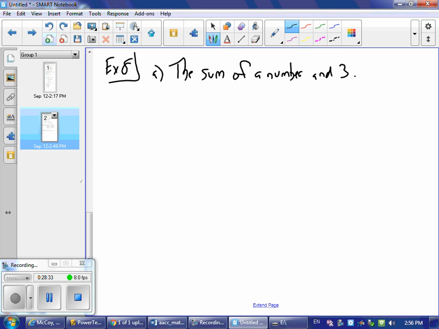Now you can technically use whatever letter you want to represent the number, but a number is something which is unknown. That's your variable. Most of the time they use x, and I think your book even says use x as that. But we have to know some vocabulary. The sum means to add. So it's telling me I'm going to add some number, which I don't know yet, and 3. So simply that would be a number plus 3. And that's how we would write that algebraic expression from words.